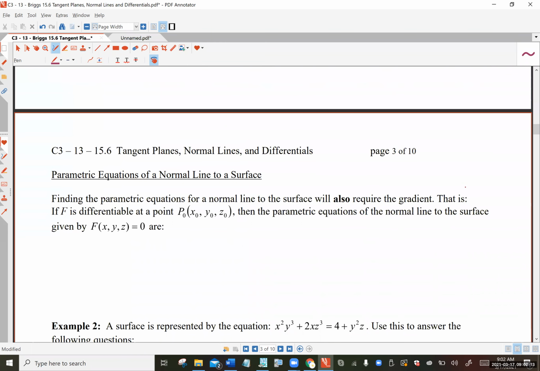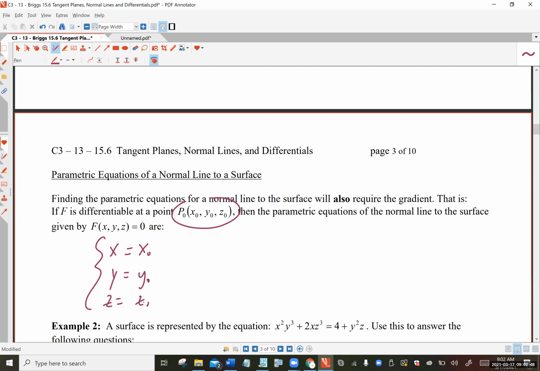Okay, now let's do the parametric equations for the normal line. What about the parametric equations for your normal line? Well, you're going to use the gradient again as the direction vector for your line. So you're going to have your parametric equations X, Y, and Z set up here. You know a point on the line, it's just that point with coordinates X naught, Y naught, Z naught.